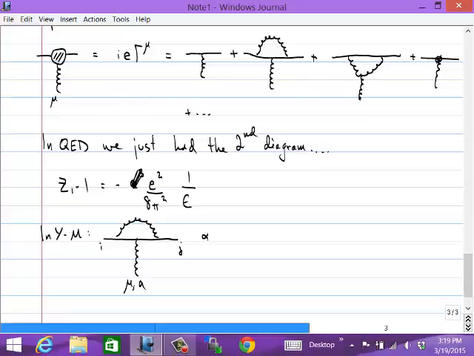What will the group theory indices look like? Well, you'll get a G cubed because there are 3 interaction vertices, and you have to have 3 powers of that representation matrix T. So there's going to be some group theory index here associated with that interaction vertex.